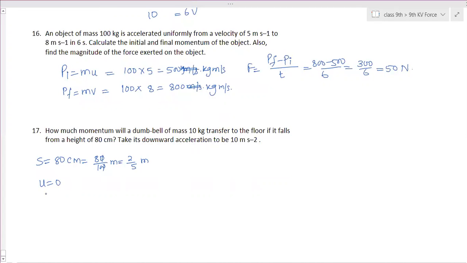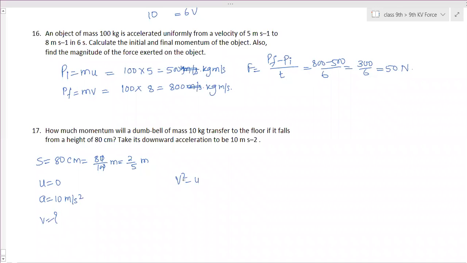Initial velocity is 0. Acceleration is 10 meter per second square. Final velocity you have to calculate.